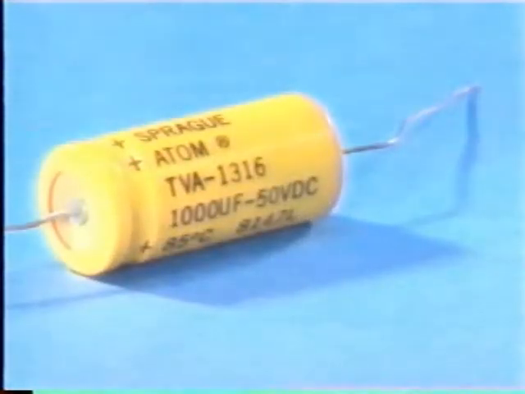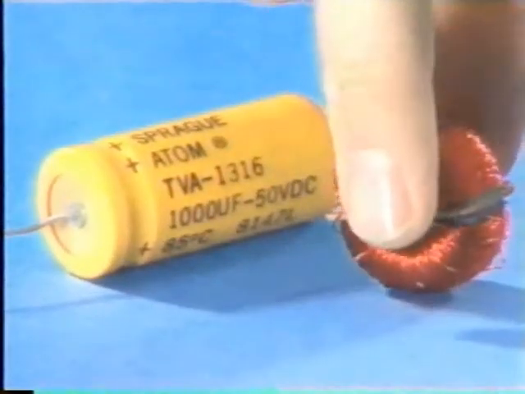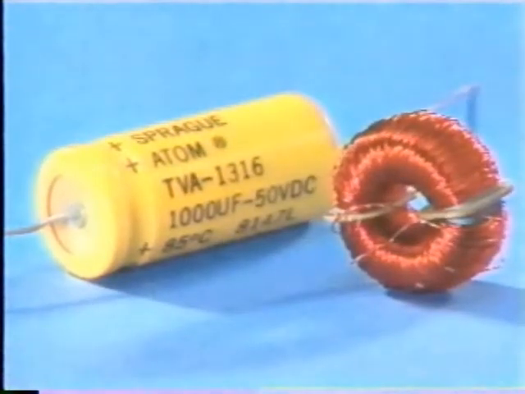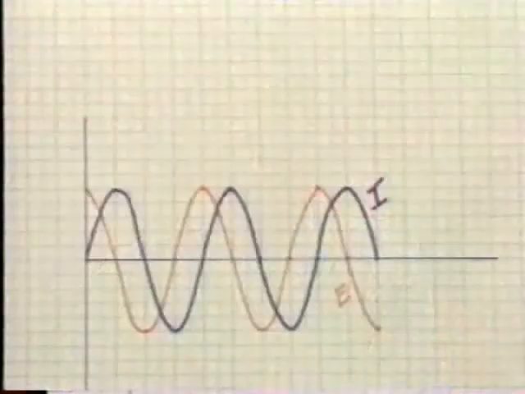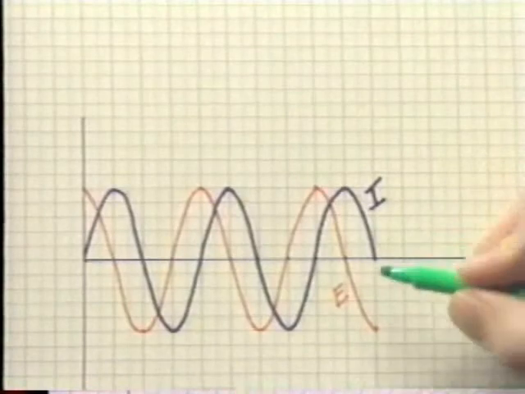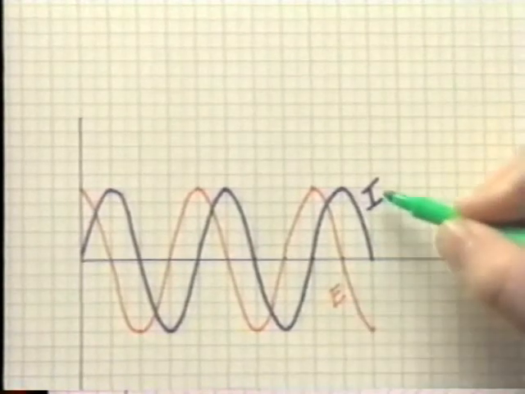In AC circuits that may contain capacitors or inductors, the idea is to deliver only the power needed from the source to the load. Let's see how in a reactive circuit, power is shuttled between the source and the load, but no useful work is done. The reason for this is that power is equal to the product of voltage and current.